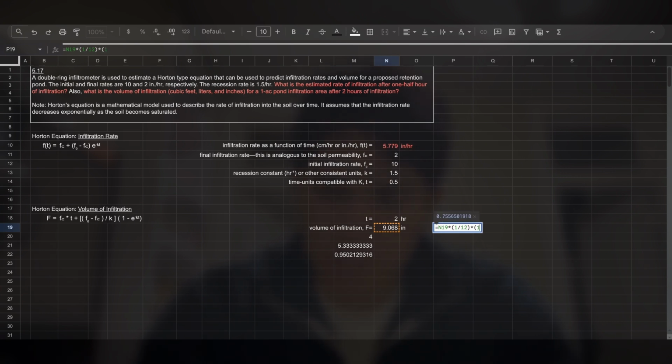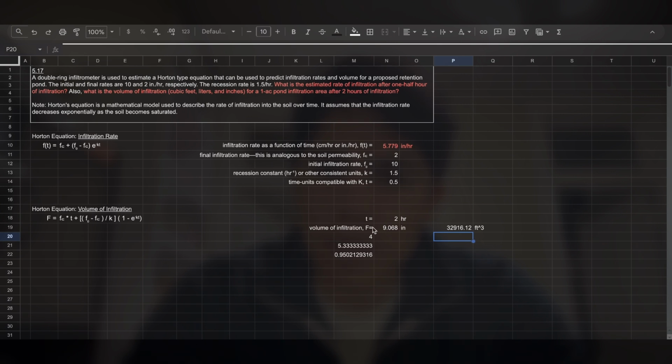To cancel that acre, we multiply times 43,560 square feet in 1 acre over 1 acre, so we cancel acres and we have feet times square feet, and that's going to give us cubic feet, and that's 32,916. That's correct.